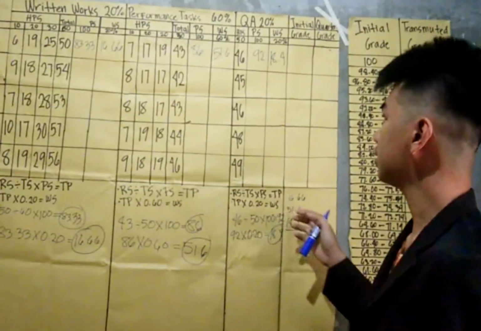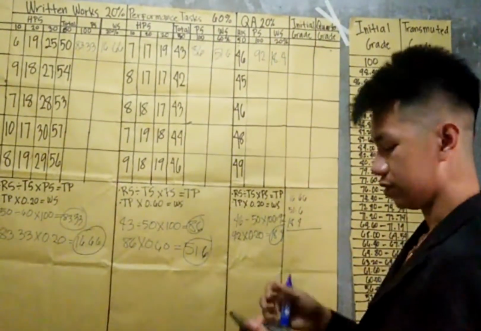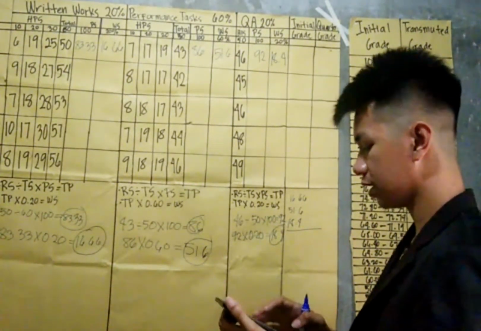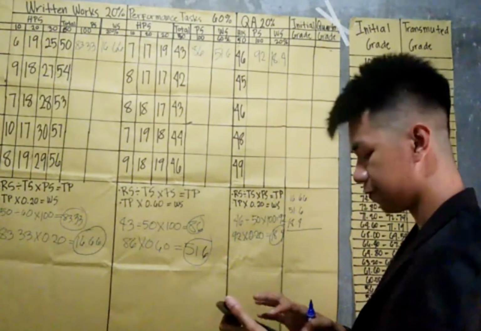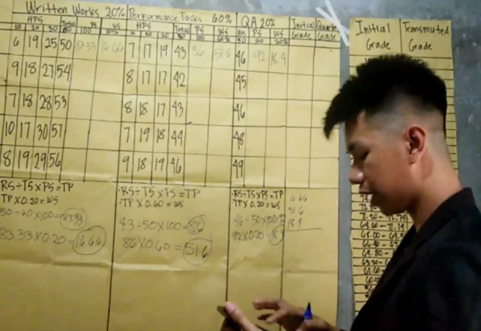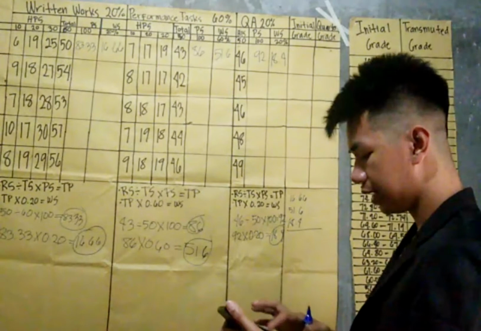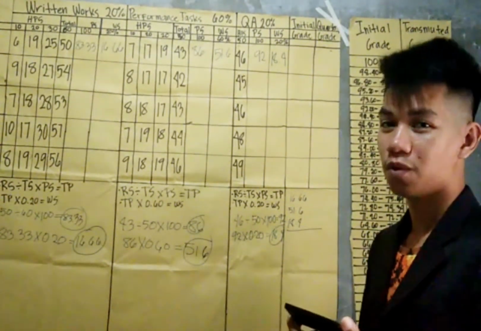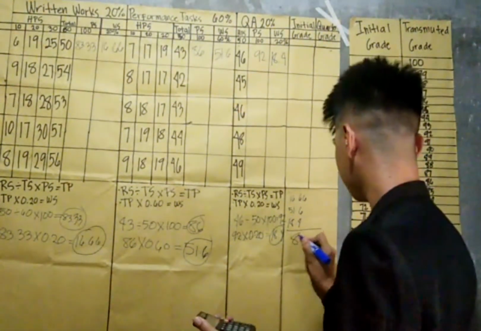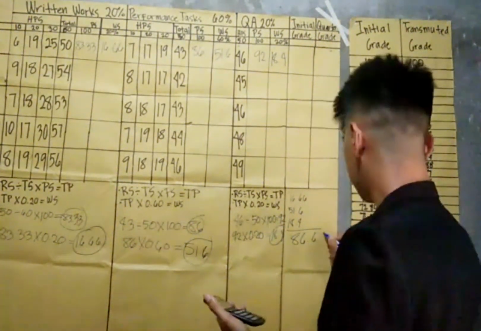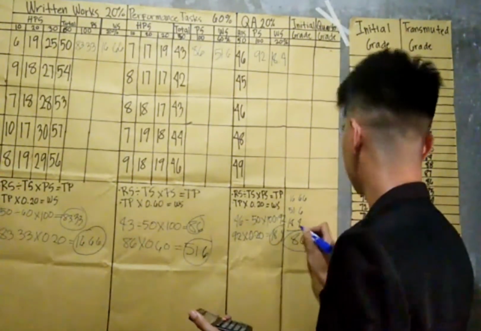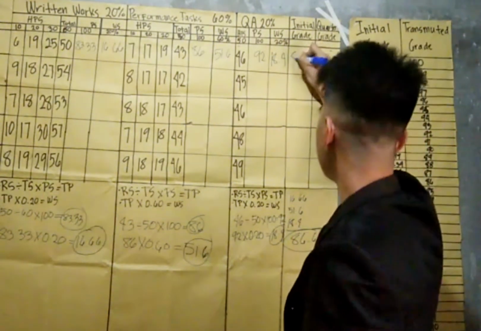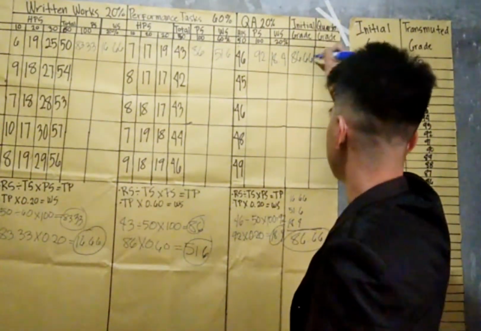So now we have the 3 weighted scores. 16.66 plus 51.6 plus 18.4 is equal to 86.66. So here, the initial grade of Mr. Ungko is 86.66.